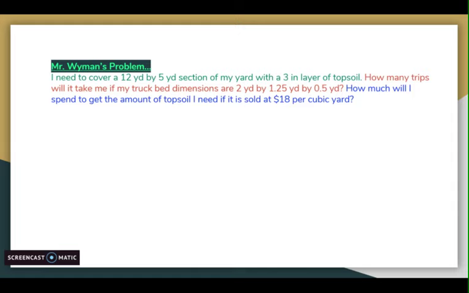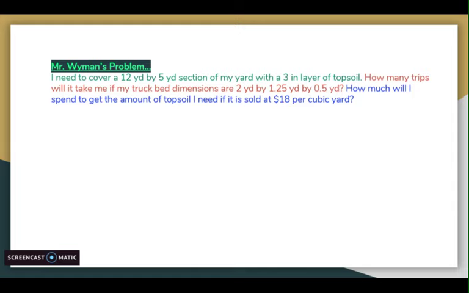I need to know how many trips it's going to take me to get the soil if my truck bed dimensions are 2 yards by 1 1/4 yards by half a yard, and how much money will I spend to get the amount of topsoil I need if the cost is $18 per cubic yard. As you can see, I've highlighted the 3 different sentences here because there's really 3 parts to this problem.